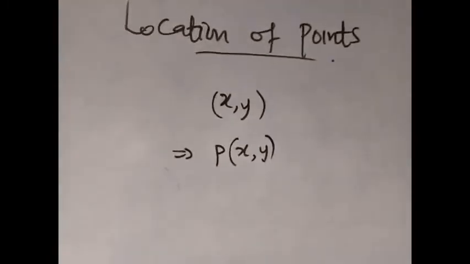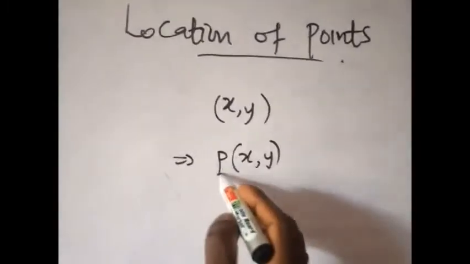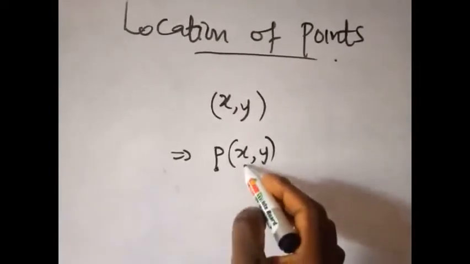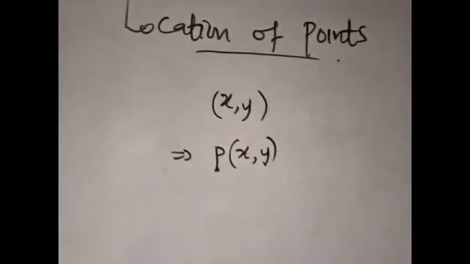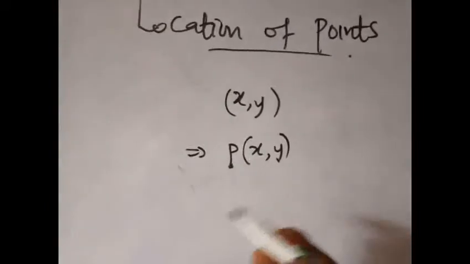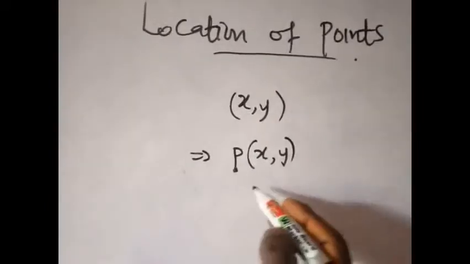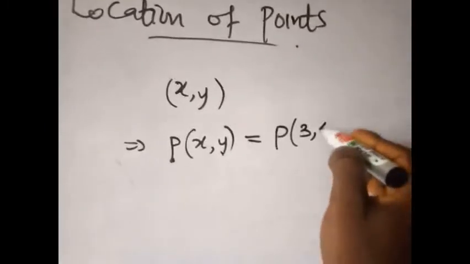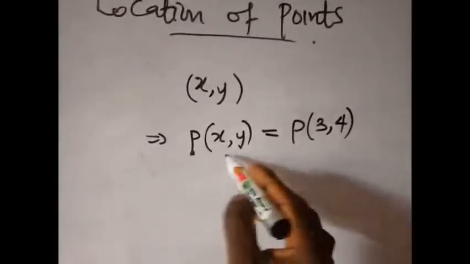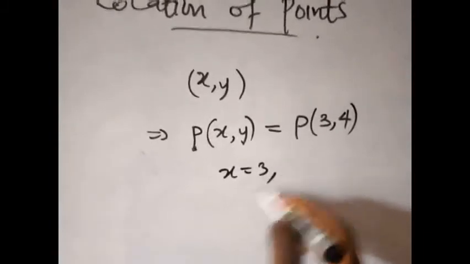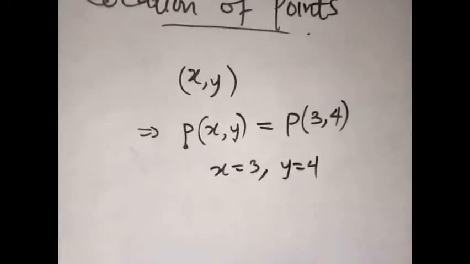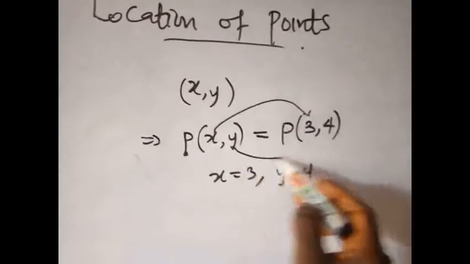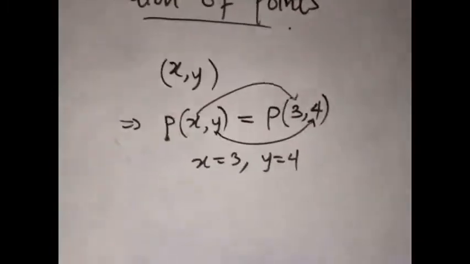This is called a coordinate, and point P is the one representing the point, where x, y represents a coordinate. So it is always given in the form P of 3 and 4. This means that x equals 3, y equals 4. The number that comes first in the coordinate represents x, while the one that follows it represents y.